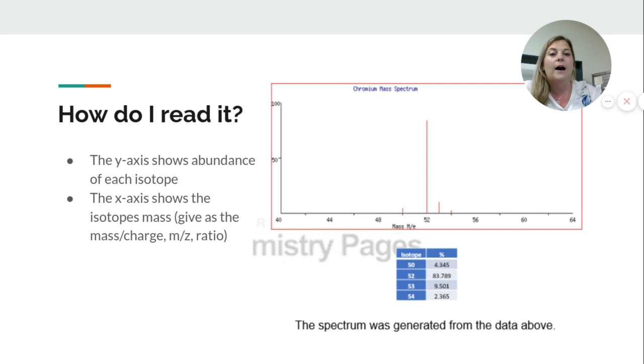Okay. Now, looking at this element, we would say that the mass has to be between 50 and 54. It's probably going to be closest to 52 because that's our most abundant and it's halfway in between our options. So if we look at our handy dandy periodic table, hopefully you guys still have one, we are looking between 50 and 54.